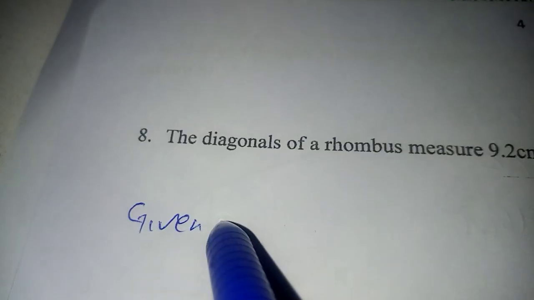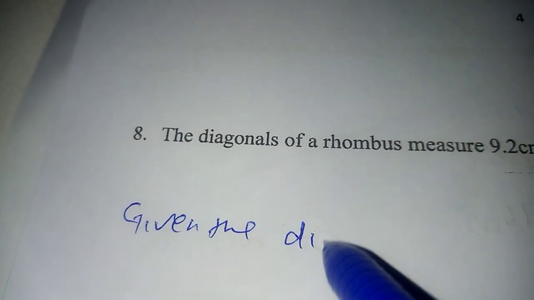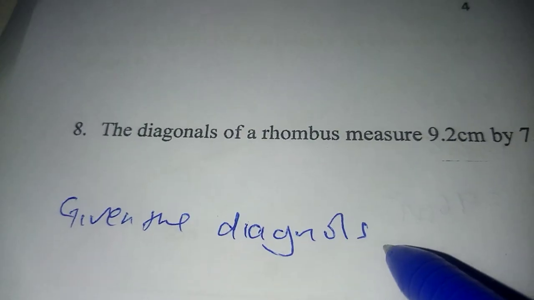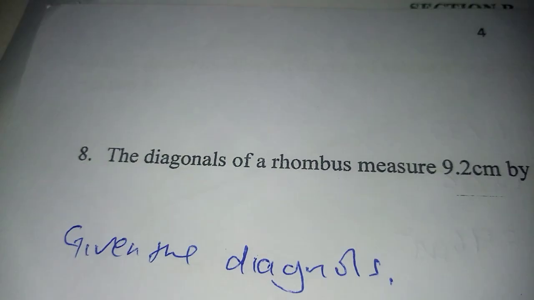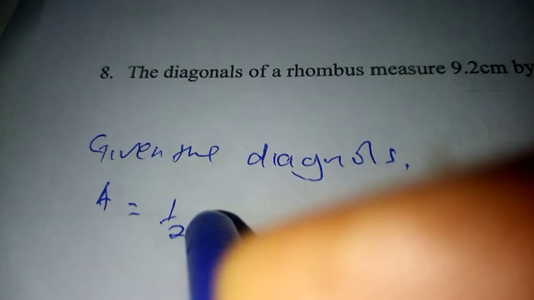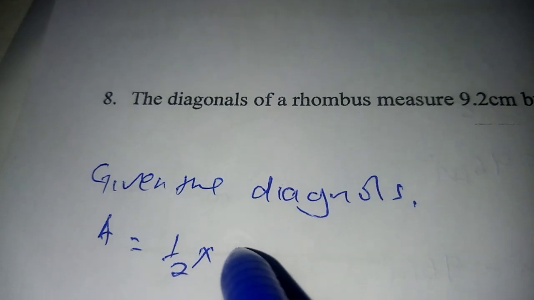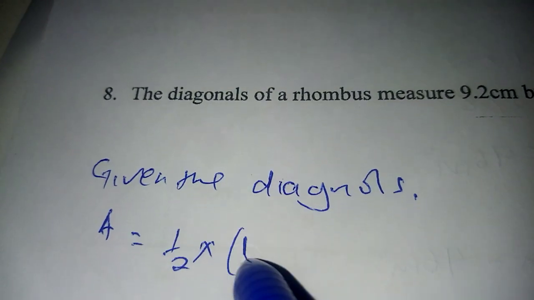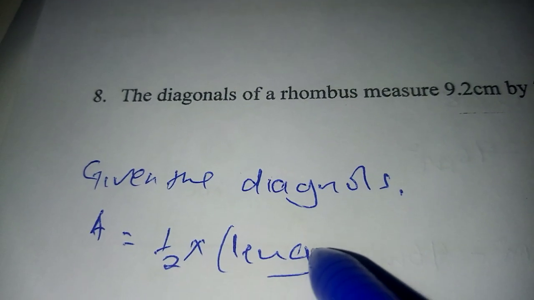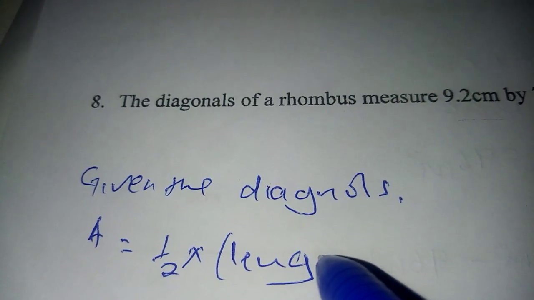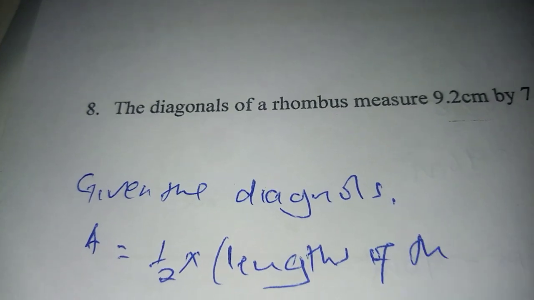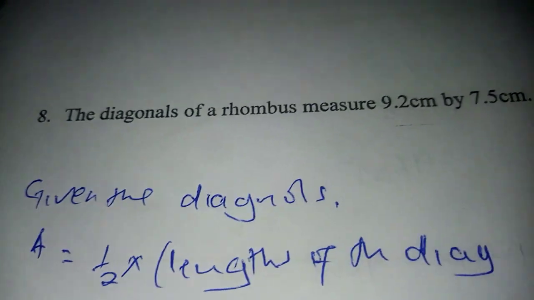area equals a half multiplied by the lengths of the diagonals.